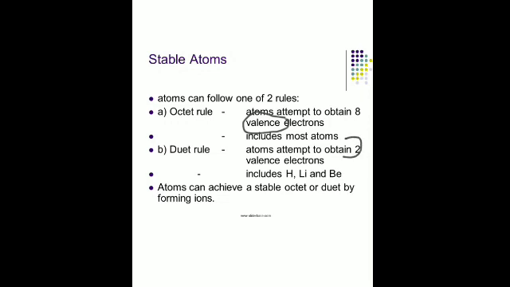This includes hydrogen, lithium and beryllium. Is it clear? These rules are followed in order to attain stability, right? To make an atom stable. Otherwise it cannot exist in the form it is existing.